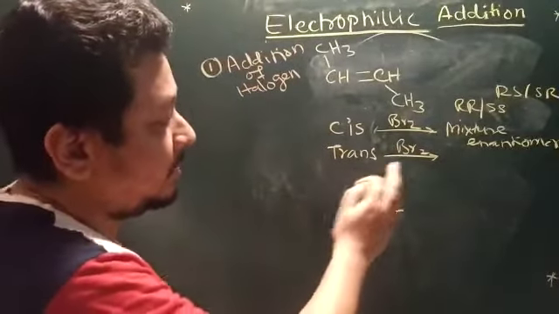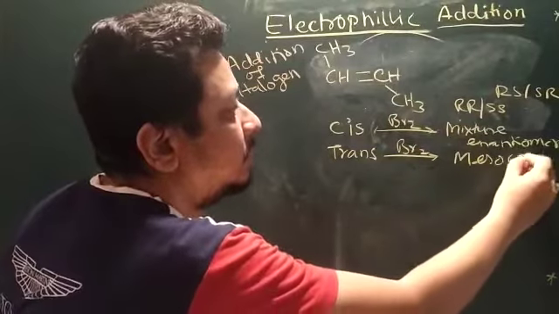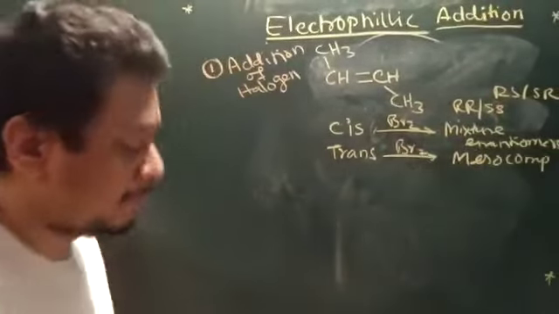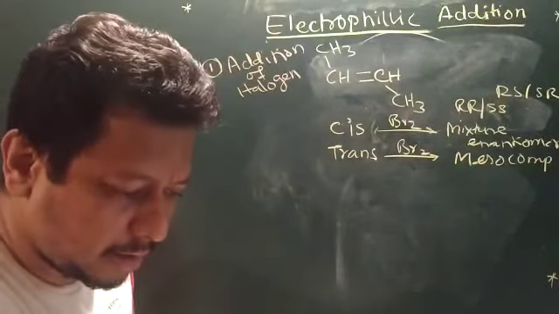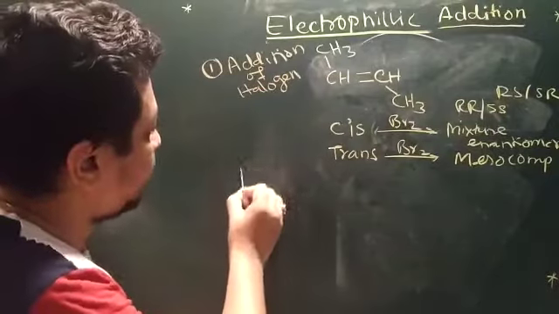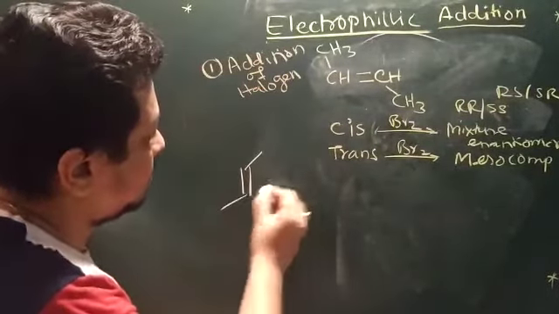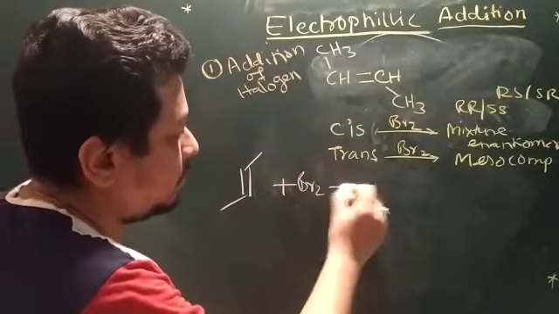Now the trans bromination only gives you the meso compound. For example, I have taken the trans alkene and I am adding Br2.